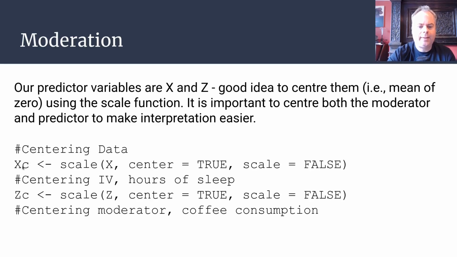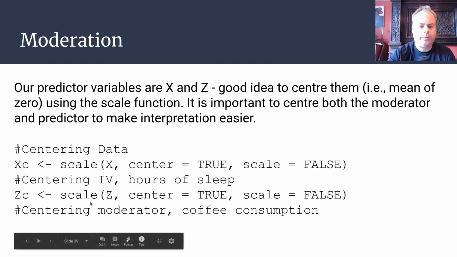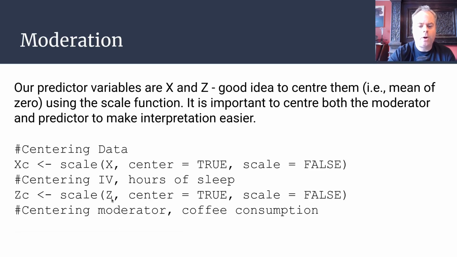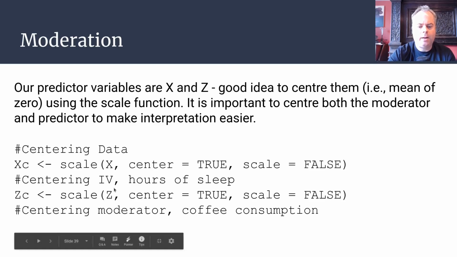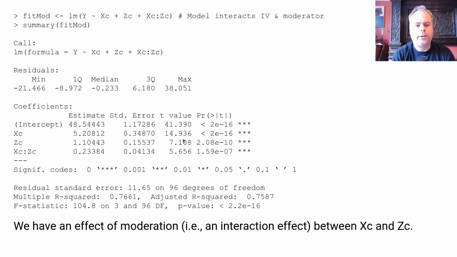One's called xc, and that's simply our x variable centered. I'm not scaling it. I'm doing the same thing for our coffee consumption variable, creating a new variable called zc, which is the coffee predictor centered. Okay, so we're centering our two predictors.